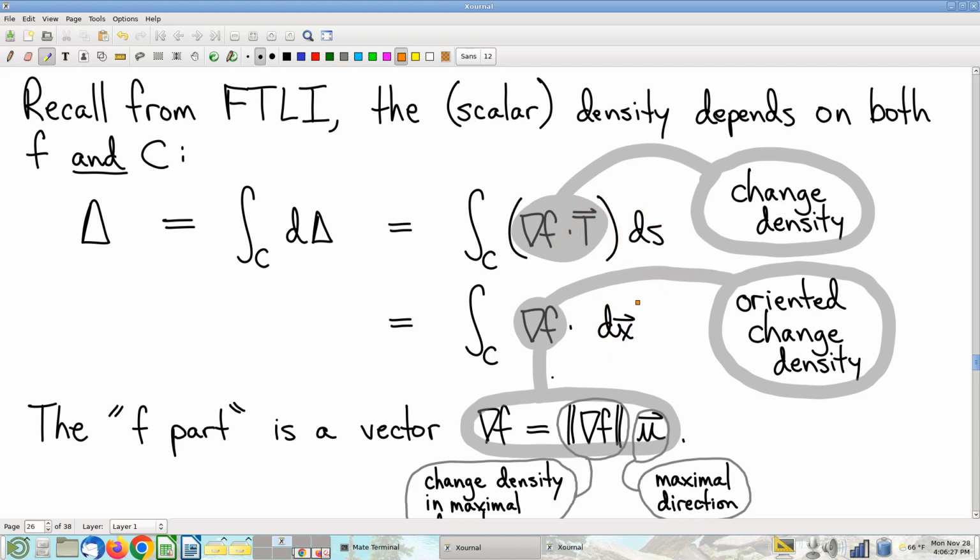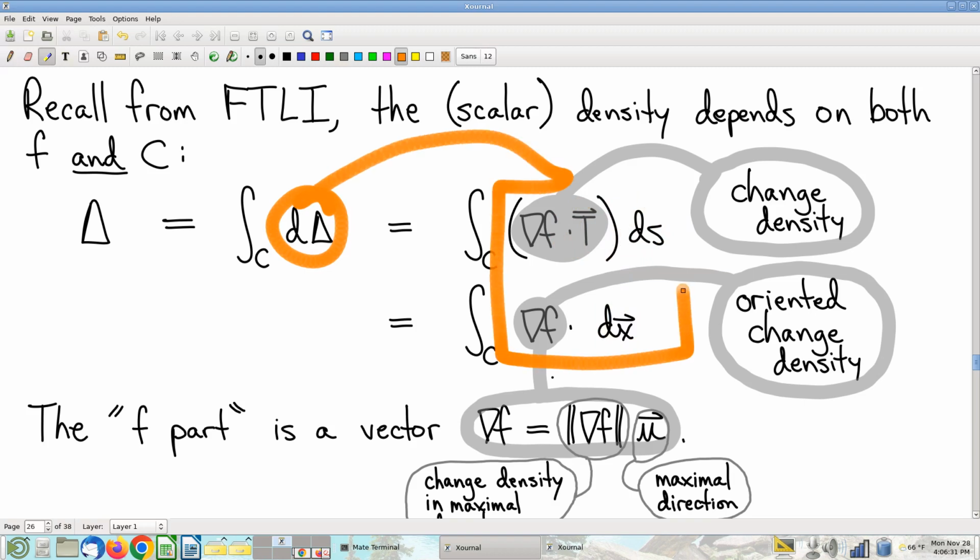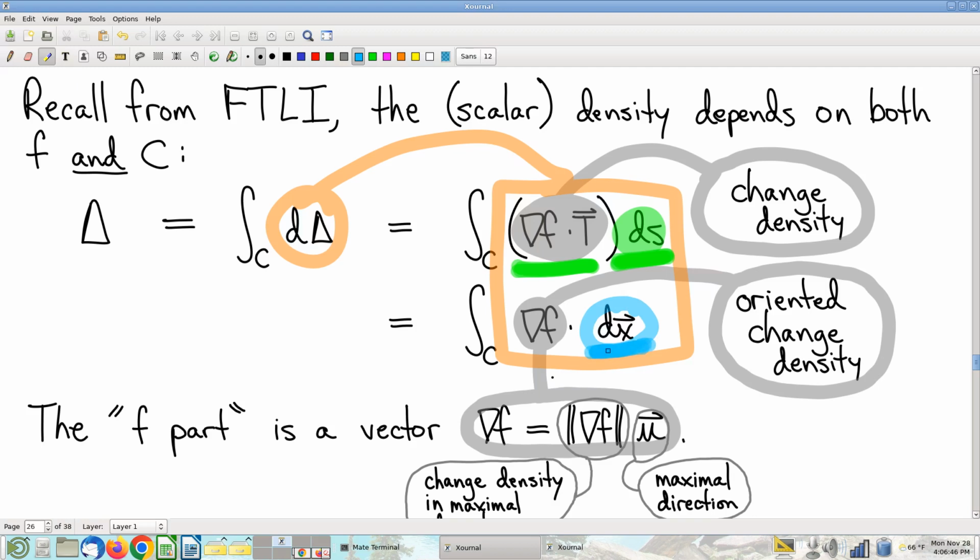Now, if you look at, let me highlight again, how we interpret densities, in the same sense that this is a scalar notion of size, and so we call this a scalar density, well, likewise, this is an oriented notion of size, you might say, right?